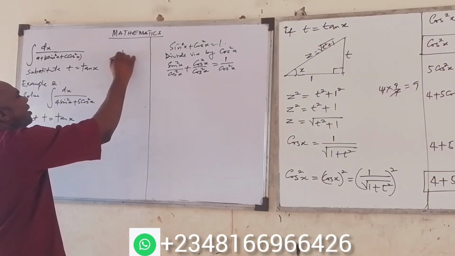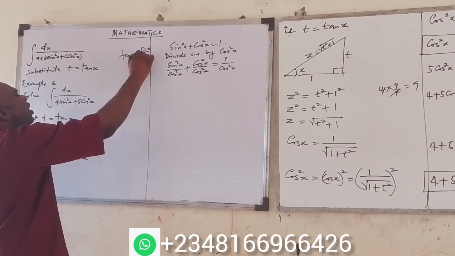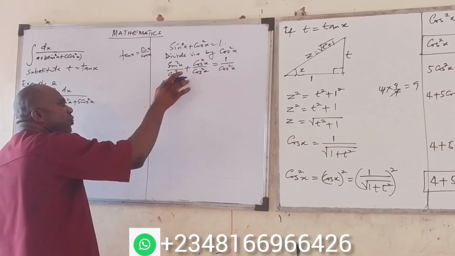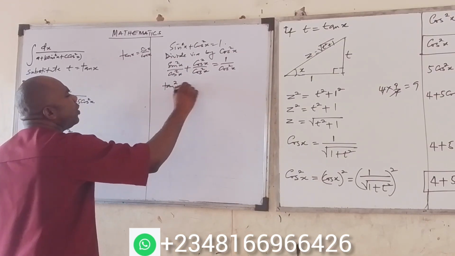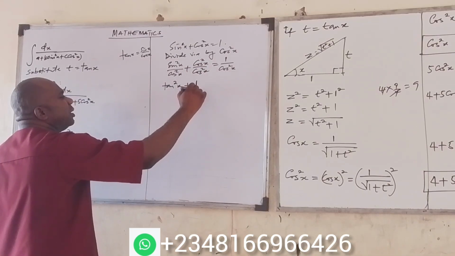Remember tan x is sine x over cos x, so sine squared x over cos squared x is tan squared x, and cos squared x divided by cos squared x is 1.